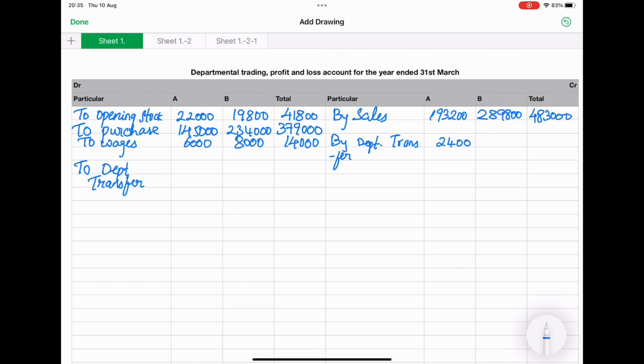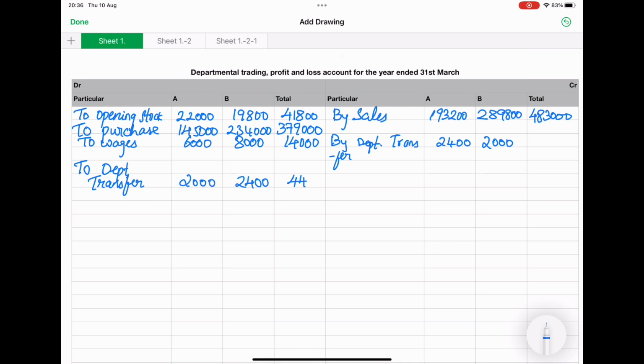So we write it on the credit side for department A, and the debit side for department B, 2,400. Next, by department B to department A, which means for department B we consider it as sales, so 2,000, and here for department A, the debit side.